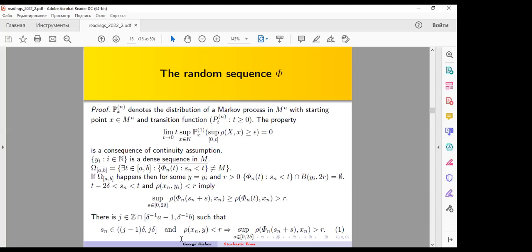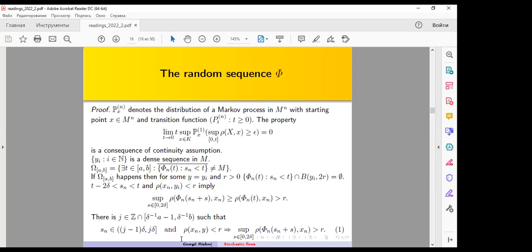To show this, I will need the following strengthening of the continuity assumption. Here there must also be t minus 1 times the supremum, and it follows from our continuity assumption and the Markov property.